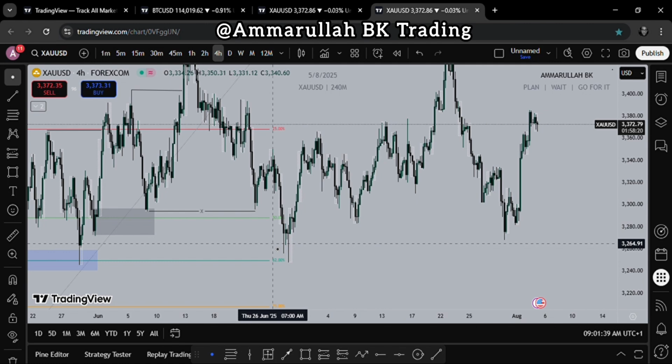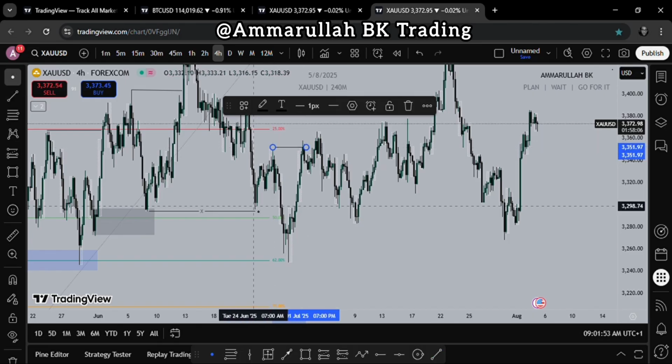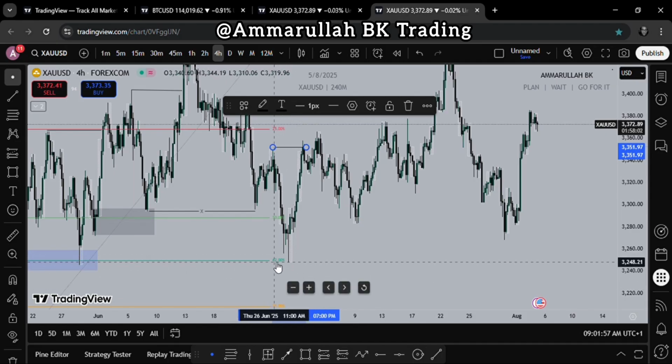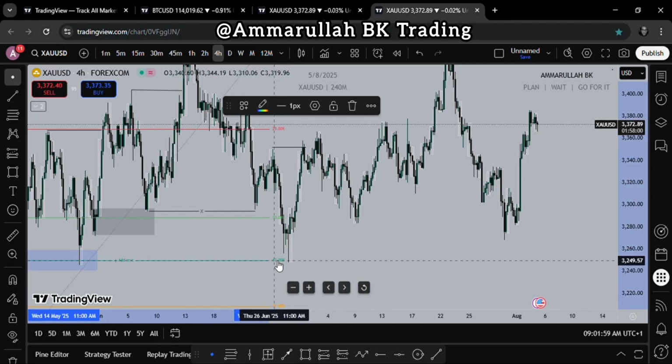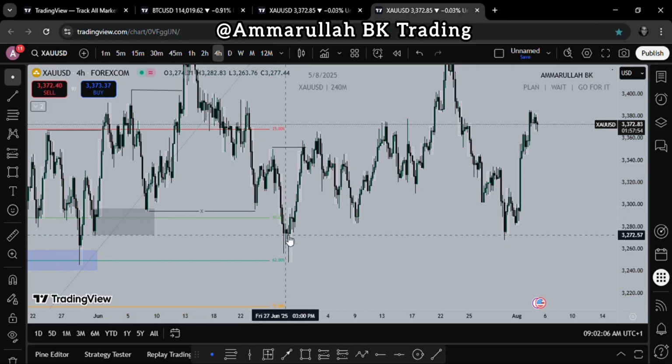So after taking out this inducement level, before taking it out, the price first made a high, which is right here, right? After making it, it took out the inducement level and offered a discount price range, which is below the 50% level. Then the market rallied up and took out the high.